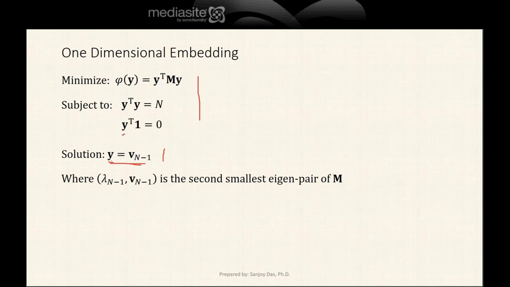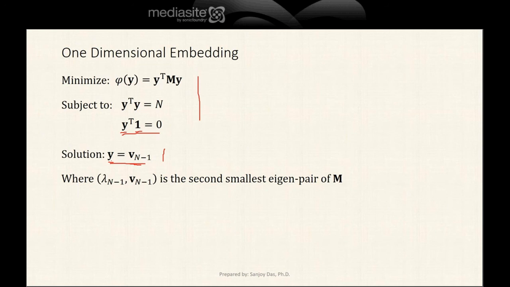And that is automatically imposed by this constraint, y transpose 1 equals 0. And since all the eigenvectors are mutually orthogonal, and 1 is one of the eigenvectors, the y's could be the other eigenvectors or a linear combination of the eigenvectors for that matter.